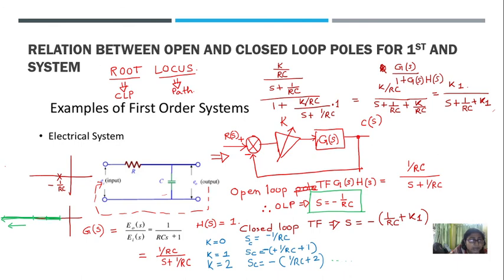With this path, the closed loop poles have shifted towards infinity as we change the gain factor. So this path is called the root locus, or path of closed loop poles.